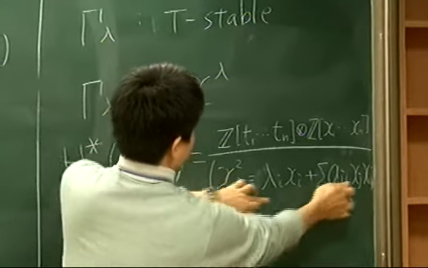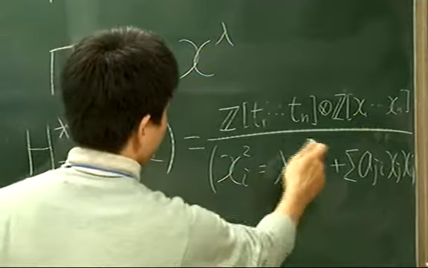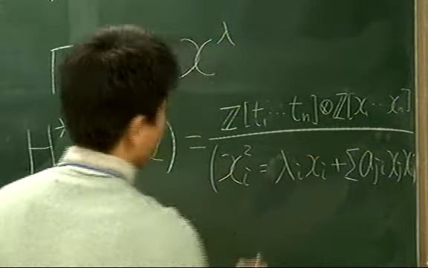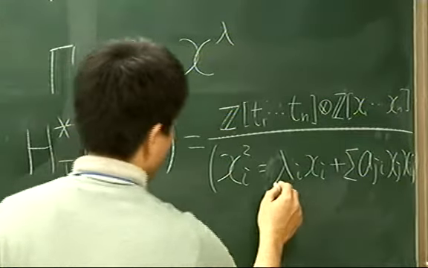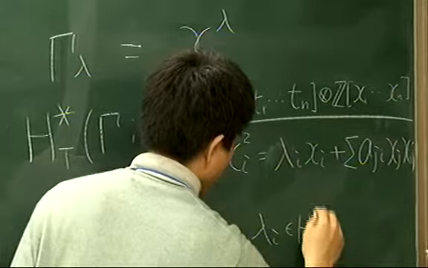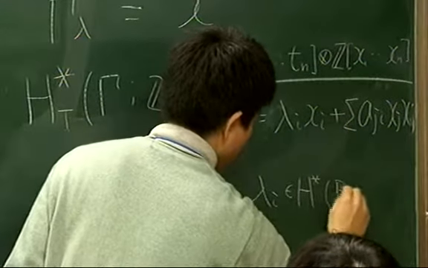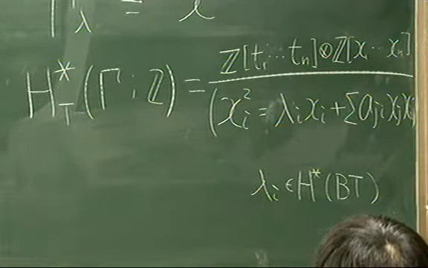This part is exactly the same as before, but we have to add some equivariant part here. And lambda is in the cohomology of BT.